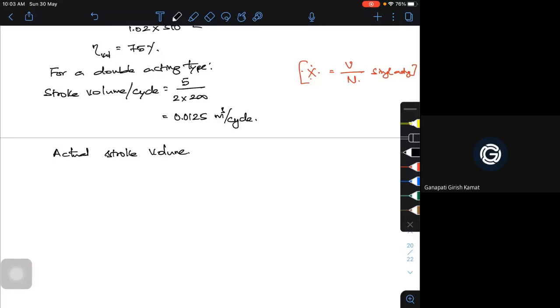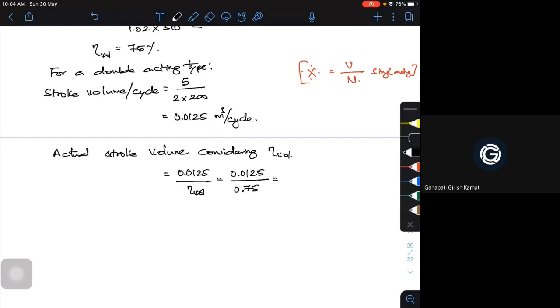So the actual stroke volume, considering the volumetric efficiency, will be given by 0.0125 divided by your volumetric efficiency, which is actually 75%, so 0.75.